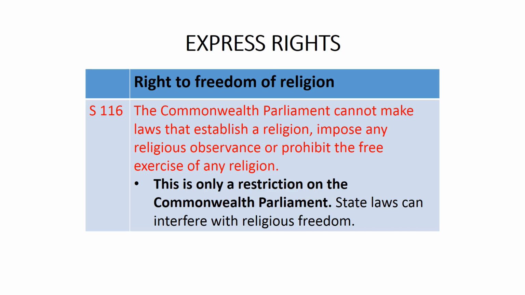So state laws can interfere with religious freedom. And again, that's the point of distinction between our Constitution, which indirectly protects rights, and a Bill of Rights, which would give the right to religious freedom to everyone in Australia, so that no one, whether it's a parliament or a government or another person, can interfere with religious freedom.